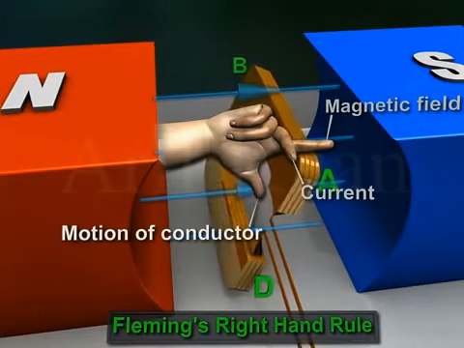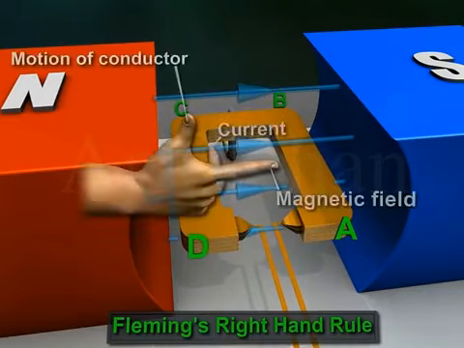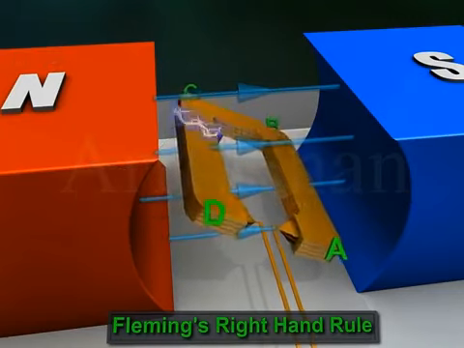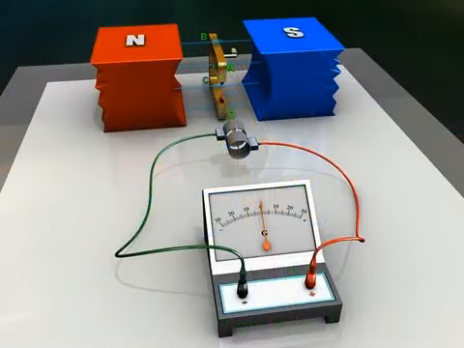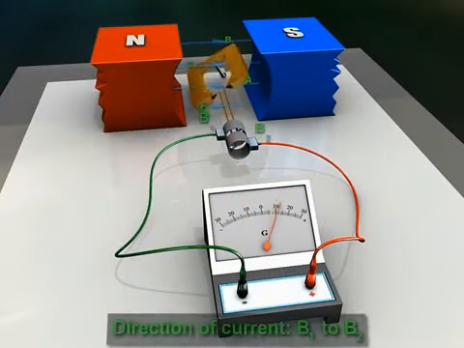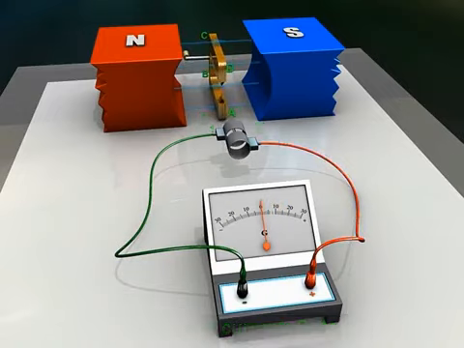According to Fleming's right-hand rule, the current will flow in the direction DCBA. So, the current will flow from B1 to B2 through the galvanometer.